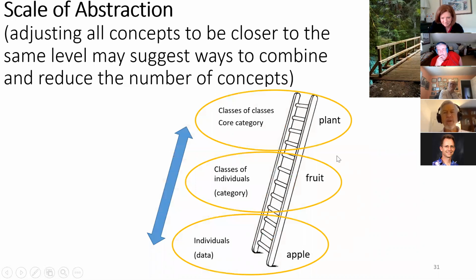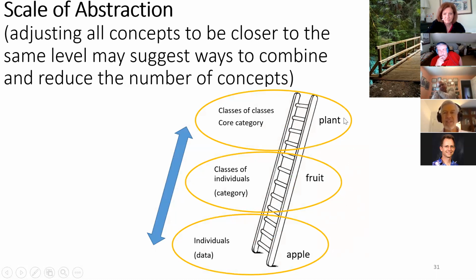Sometimes you'll end up with a very complex map or model or theory, and one difficulty of that is that the concepts are at different levels of abstraction. You might have the concept of plant and fruit and apple all on the map. Those should all be combined into a similar level of abstraction.